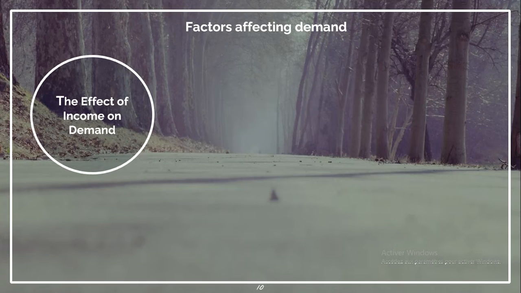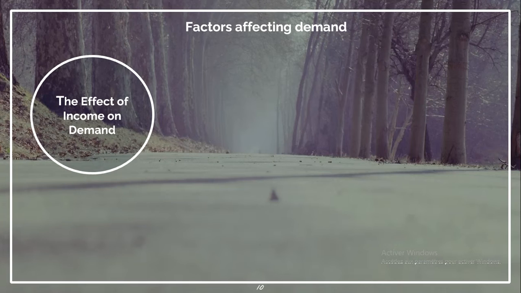Income is not the only factor that causes a shift in demand. Other things that change demand include taste and preferences, the composition or size of the population, the price of related goods, and even expectations.